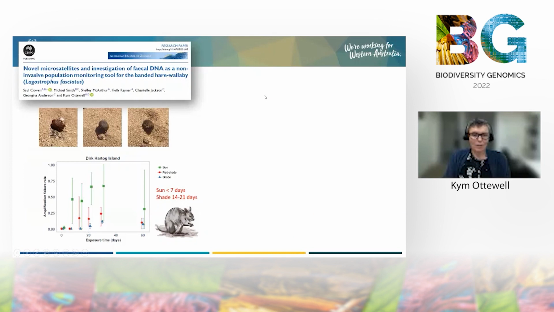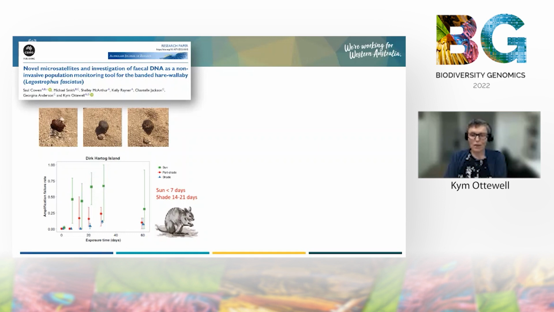So initially, we investigated the use of fecal DNA analysis as a methodology for genetic monitoring, firstly in the banded hare-wallaby, which was then extended to the rufous hare-wallaby. We initially trialled microsatellite markers to achieve this, and in one of our early papers, we were testing the stability of DNA on scats exposed under different environmental conditions on Dirk Hartog Island.